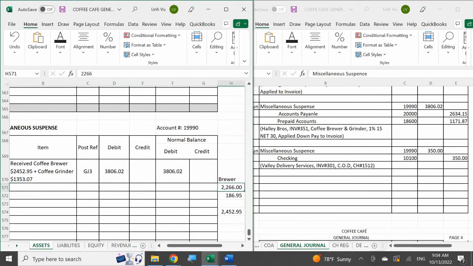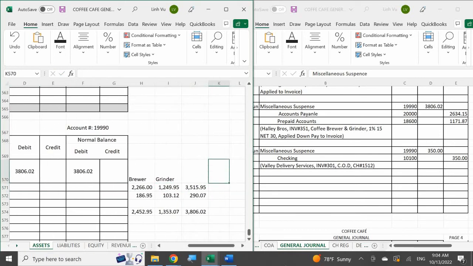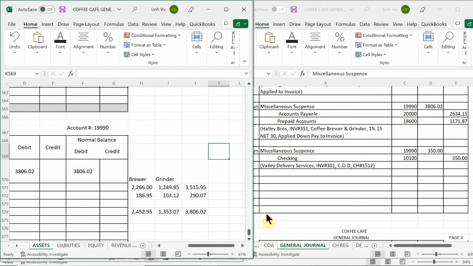Well, our assumption is the coffee brewer and the coffee grinder probably weigh the same, right? So how would you split the shipping cost? 50/50.